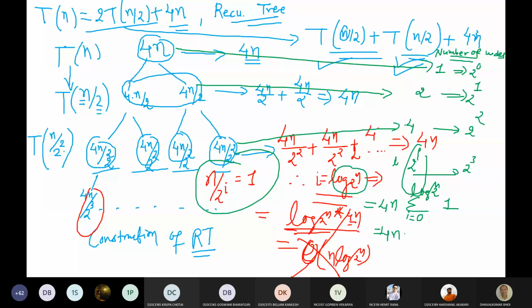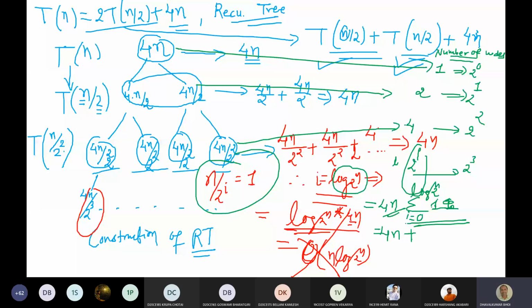Can anyone try to solve this? How can we solve this equation, sigma i equal to 0 to log n base 2? Sorry, here you have to write T of 1, right? Yes, I forgot it. No, you only need to write 1, because 4n I have already taken as common.